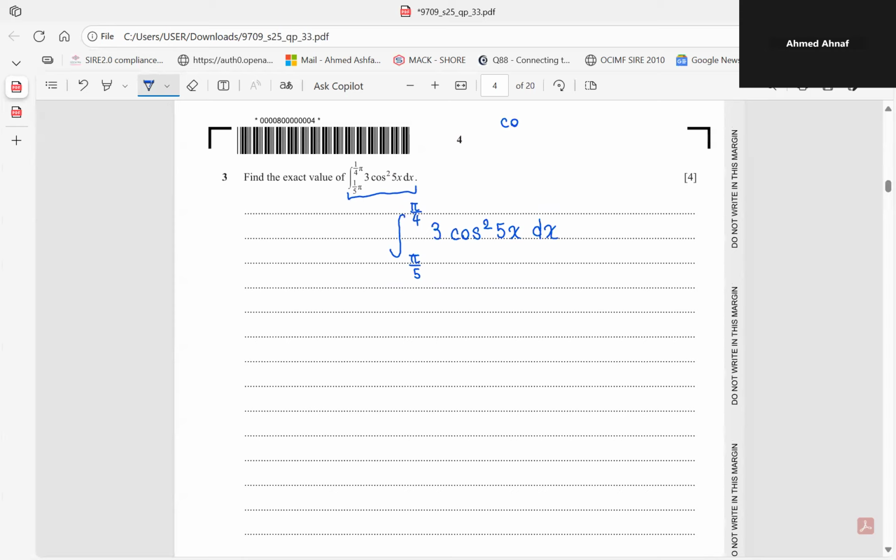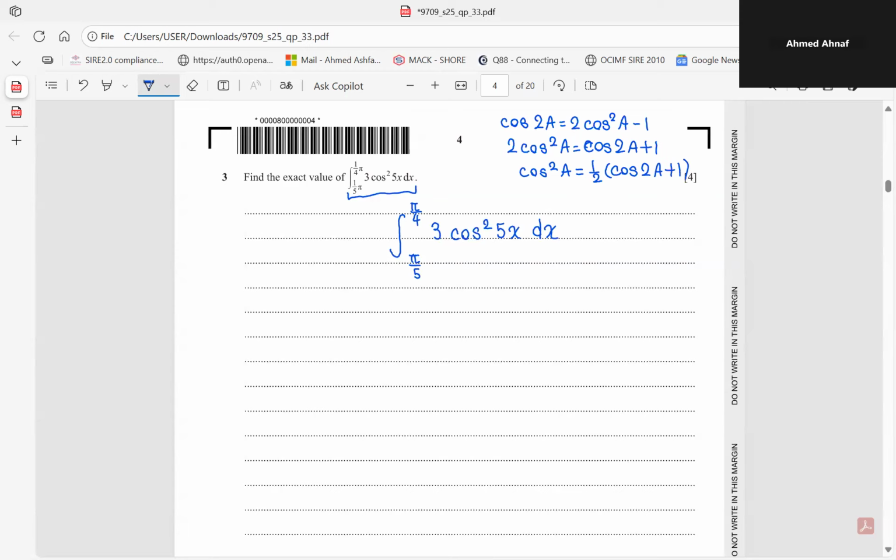So cosine 2a is equal to 2 cosine square a minus 1. And now we'll make cosine square a the subject. So cosine square a is equal to cosine 2a plus 1 over 2. So this would be cosine square A equals half cosine 2A plus 1.